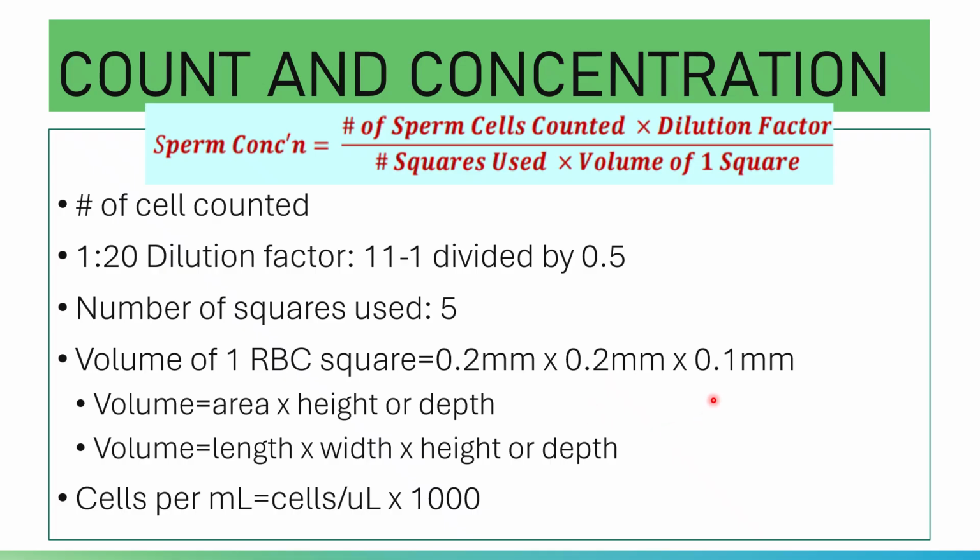That is 0.04 mm squared. But then the volume of one RBC square is 0.2 mm times 0.2 mm times 0.1 mm, giving you 0.004 cubic millimeters.